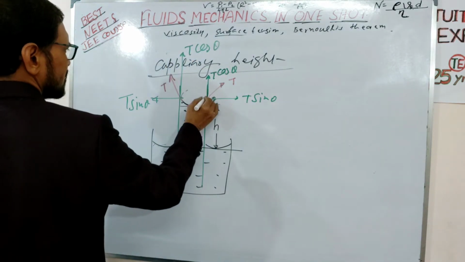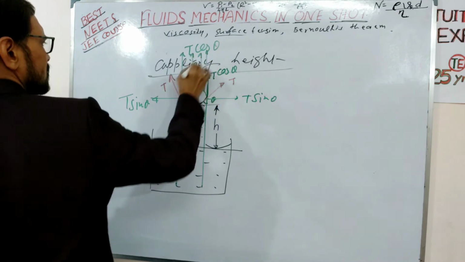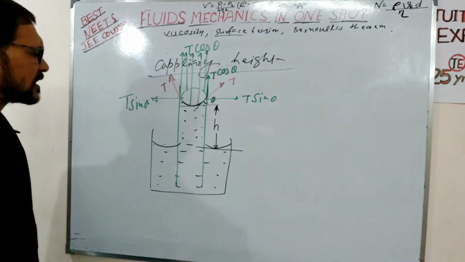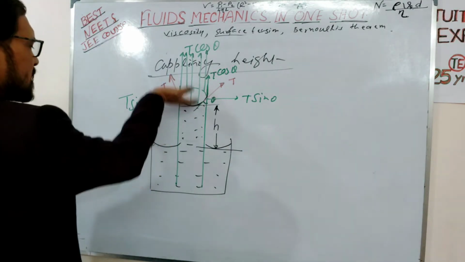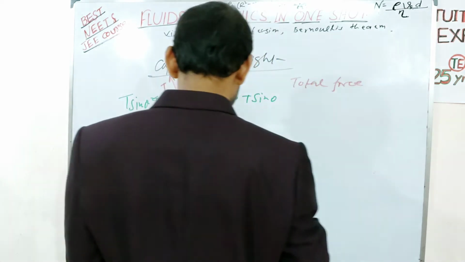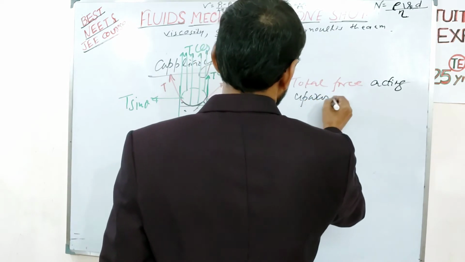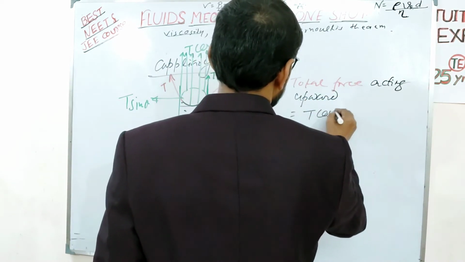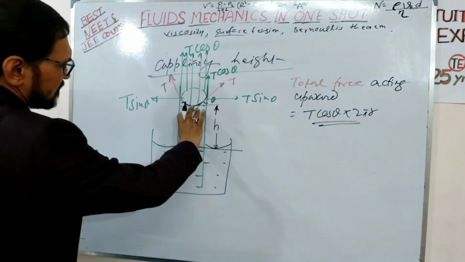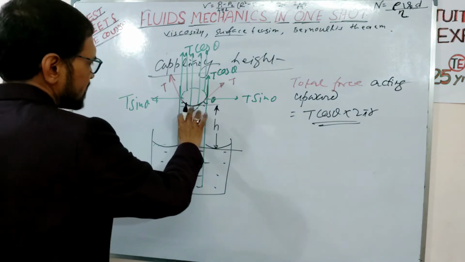T cos theta acts throughout the circumference of the liquid surface. So the total force acting upward equals T cos theta into 2 pi r, which balances the weight of the rising liquid.